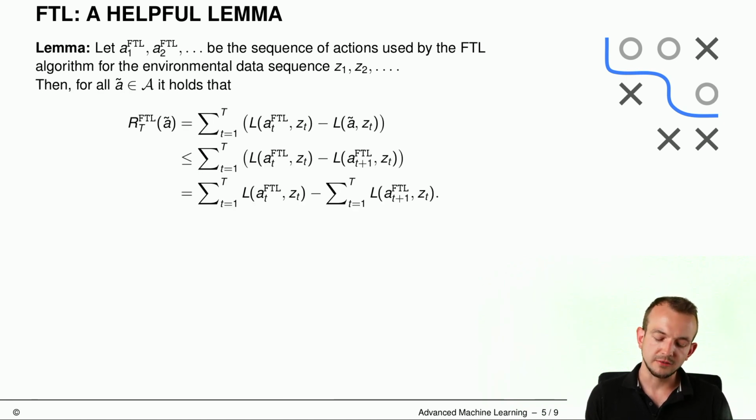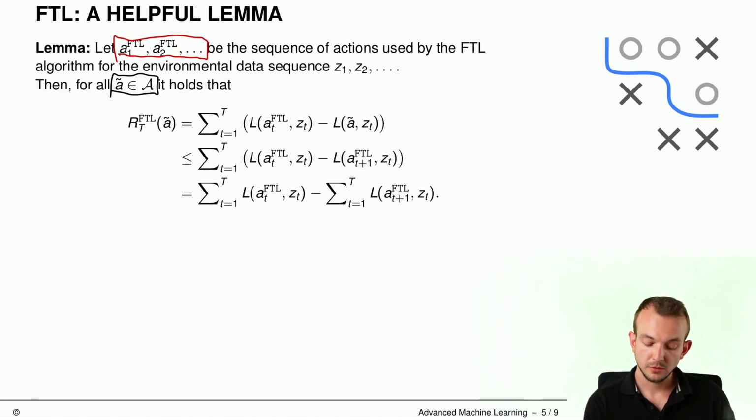And then we can state the following regarding the regret compared to some competing action A tilde. And this competing action A tilde can be an arbitrary one in our action space. So recall what this regret was for the competing action A tilde. So we compare the cumulative loss of our algorithm for the environmental data sequence.